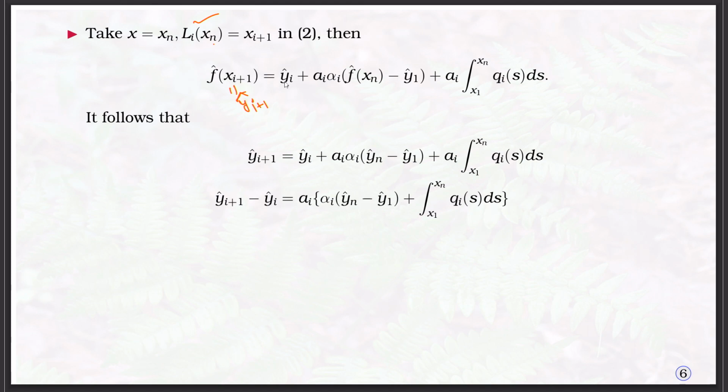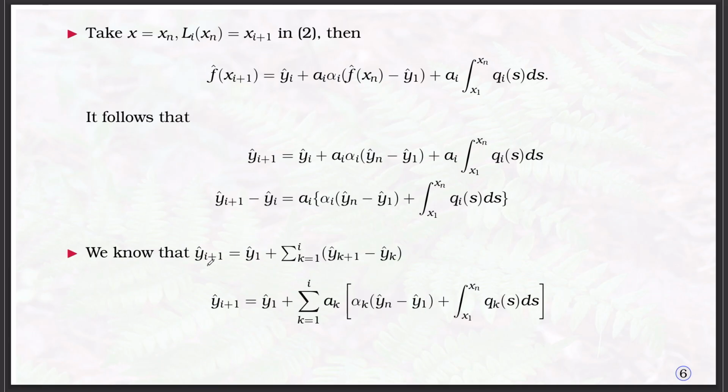So yi plus 1 cap is equal to yi plus this term ai alpha i, which equals yn cap minus y1 cap plus ai times integral x1 to xn qi ds. Then we can take yi plus 1 minus yi this side, and we will get this one.